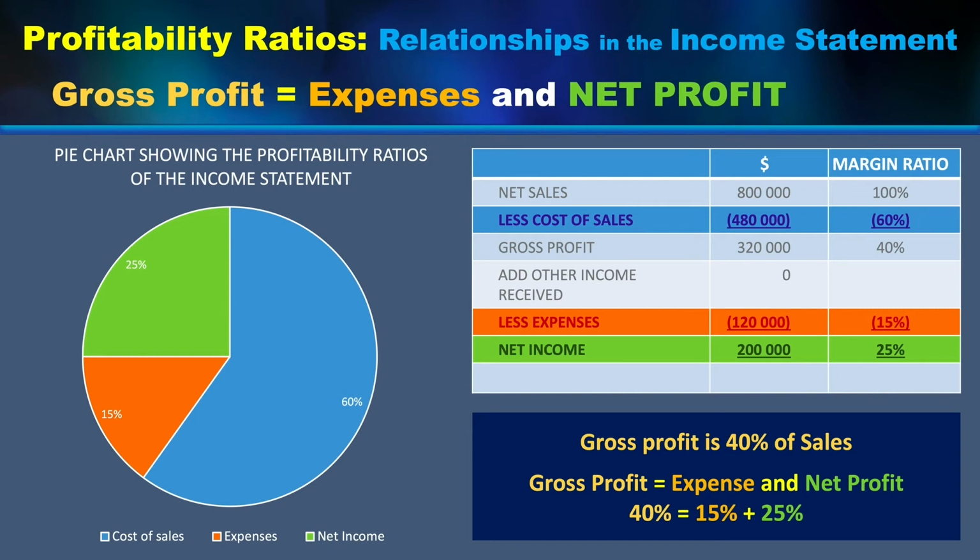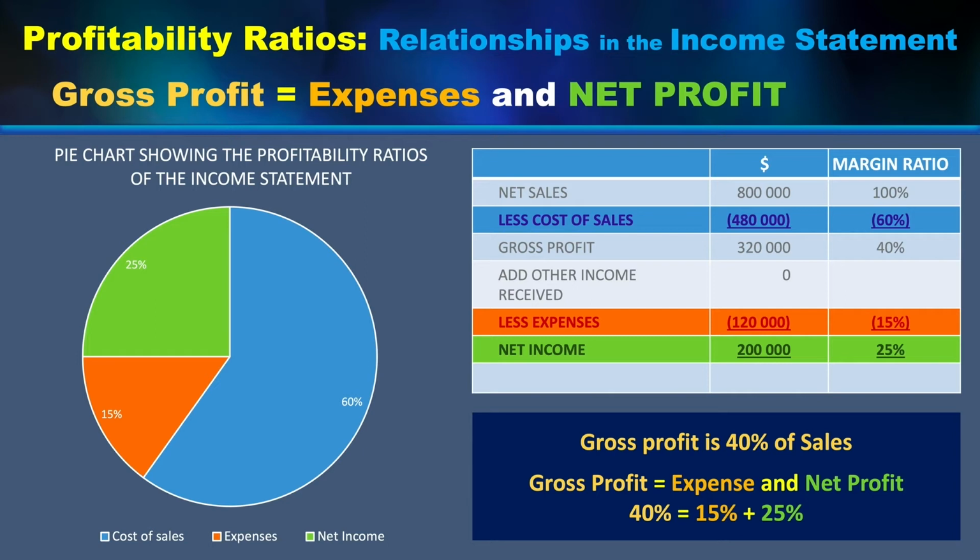From your sales revenue, you would see that a great amount of the cost was in your cost of sales. So if you have to make a decision where you have to reduce any costs, you may have to look at how you can reduce your cost of sales. You may have to look at another supplier in terms of your purchases.